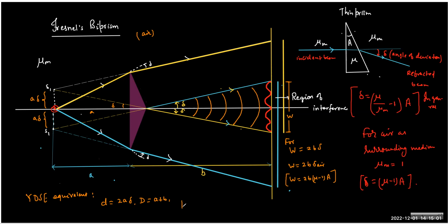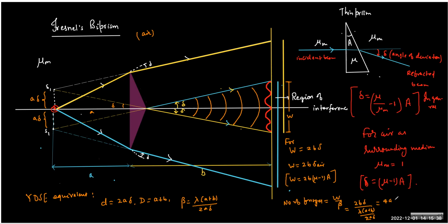So what will be the fringe width? Lambda D by d. So the number of fringes will be W by beta, which equals 2b delta by lambda, (a plus b) by 2a delta.